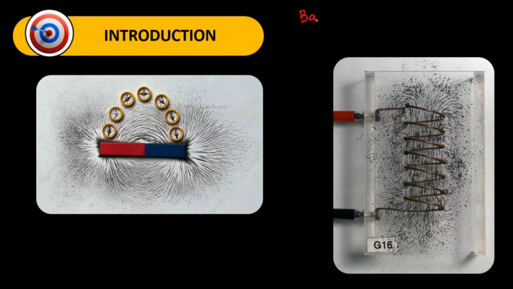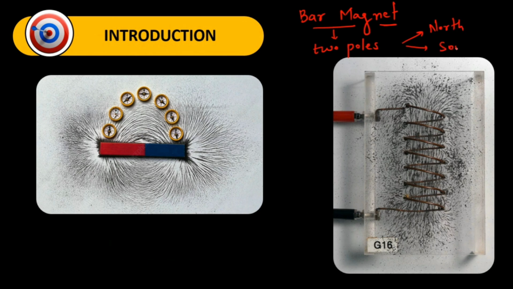So if we talk about a bar magnet and try to understand how field actually originates from it, first of all, we need to understand that a bar magnet is something which has two poles. One is north pole and the other is south pole.